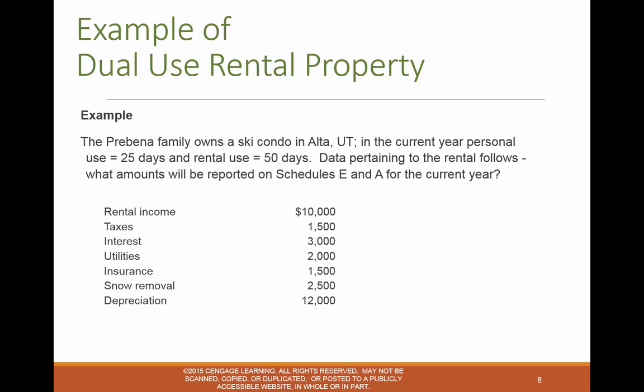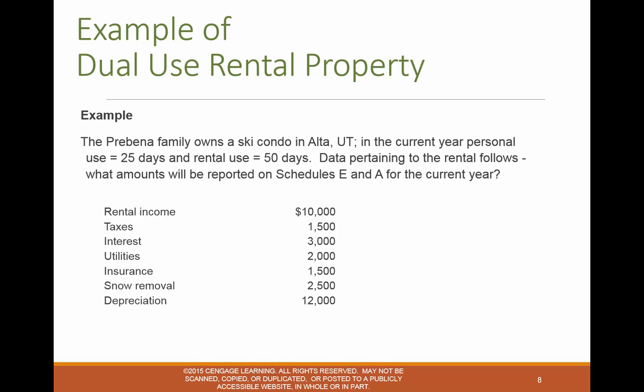Okay, here's an example that I'm going to give you about 5-7 minutes to work through. I've got a family who owns a ski condo in Alta, Utah. In the current year, they go over Christmas, they go over Thanksgiving, and they personally use it 25 days. And they rent it out 50 days. Here's what they spend on their condo.